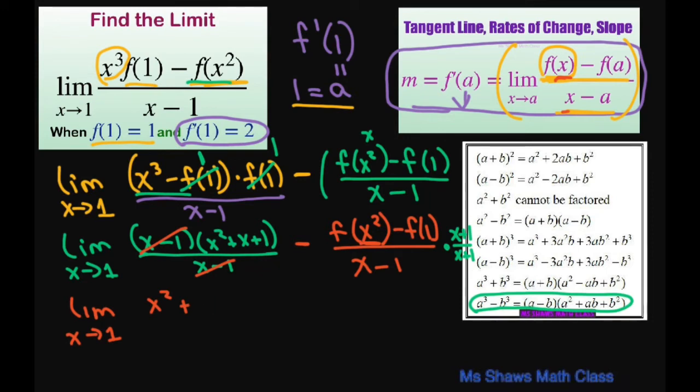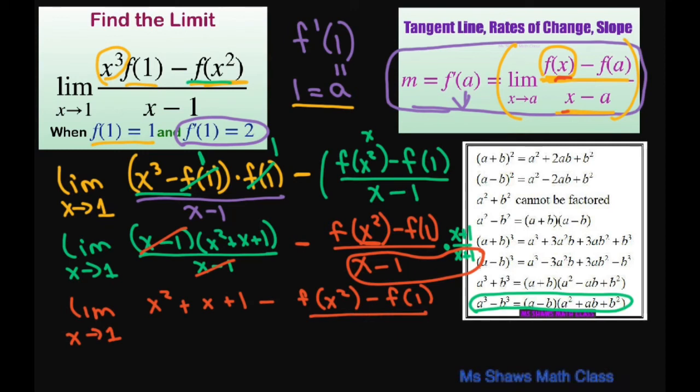And then for this piece, when you multiply these two, you're just going to get minus f of x squared minus f of 1, divided by x squared minus 1. Now these two match, but we still have this x plus 1 in the numerator. Now let's fix this side up.